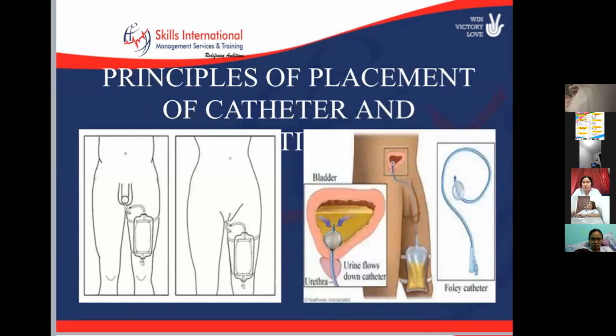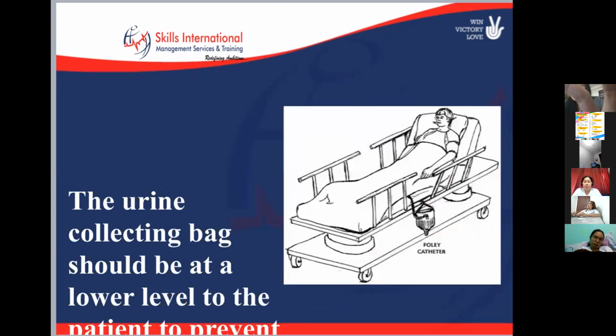The principle of placement of the catheter is like this. The urine collection bag should be at a lower level than the patient to prevent the flow back, or the patient's bed getting wet and soiled. It must always be a lower one.